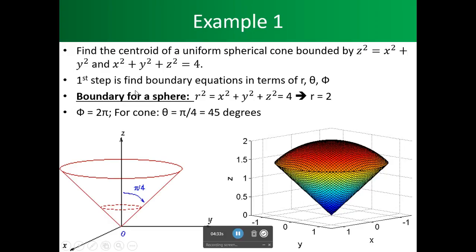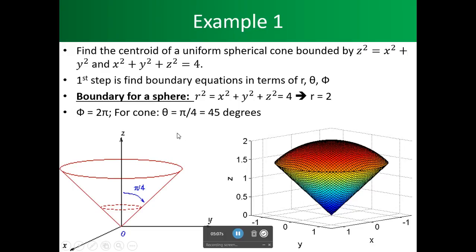So, in our first step, we need to find what is rho, what is theta, and what is phi. Using this equation, we come up with rho equal to 2, because rho squared is 4, and the square root of 4 is 2. Also for theta, you see that it makes a full 360 degrees, so it's 2 pi.